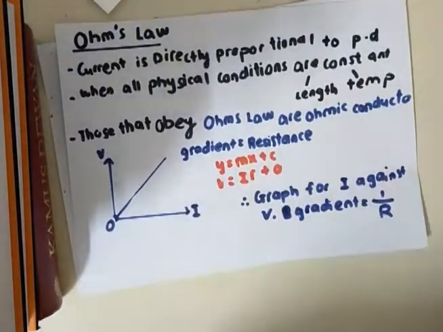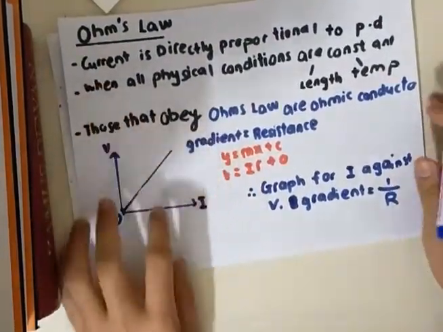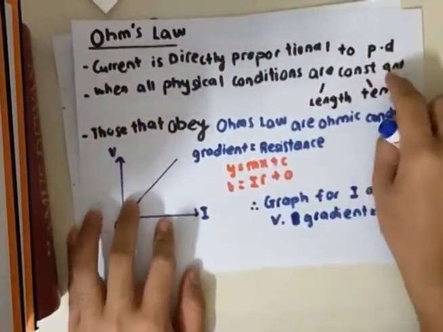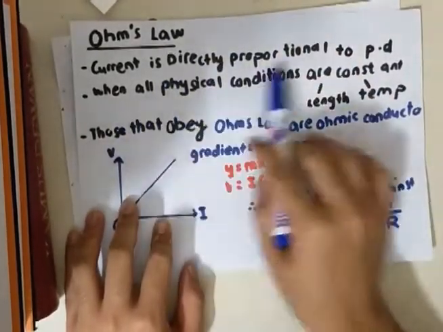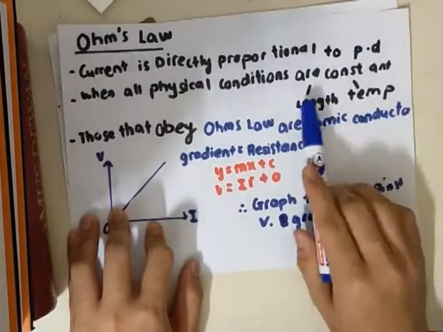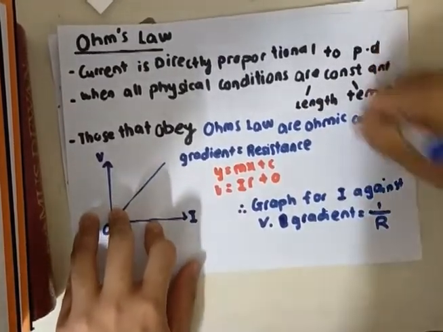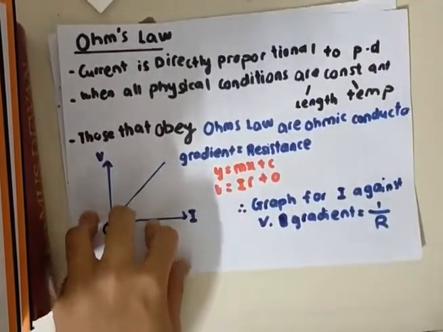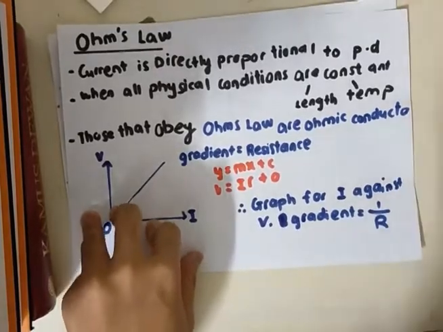Ohm's law states that the current is directly proportional to the potential difference when all physical conditions are constant. Physical conditions, for example, are length and temperature. As you know, when the temperature increases, your resistance will increase.